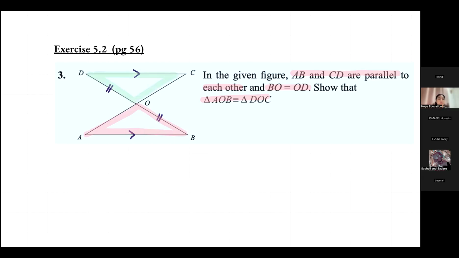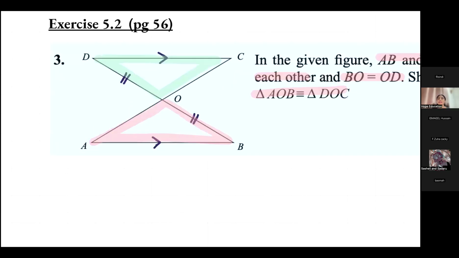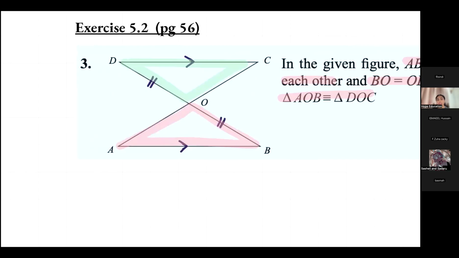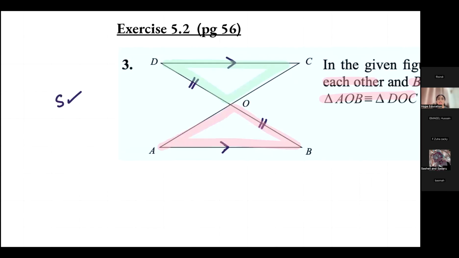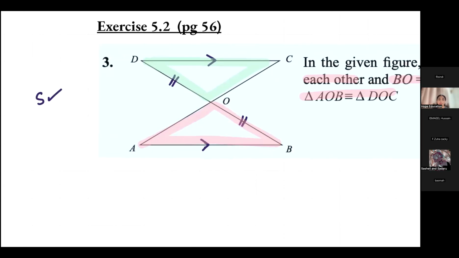All right, let's see what are equal. In the AOB, in the red triangle, we can see OB side. In the green triangle, OD side. They are equal. Right? Take a side pair. All good. What else do we have here which are equal? DC and AB.